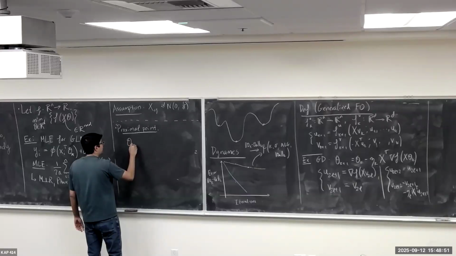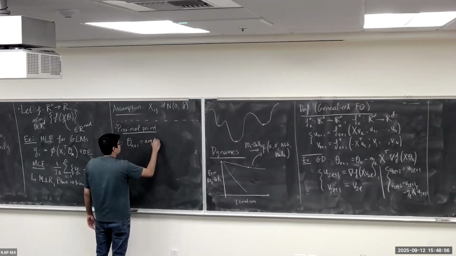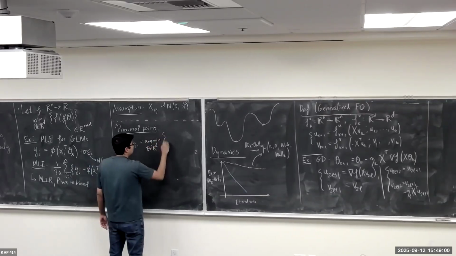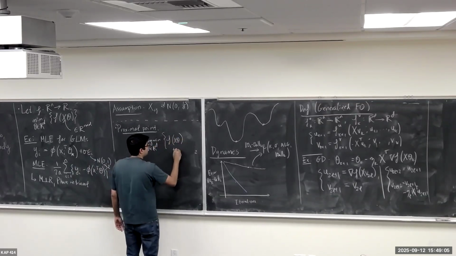So proximal point will update the following. I'll take theta k plus 1 to be the minimizer of my original function f of theta plus some penalty.